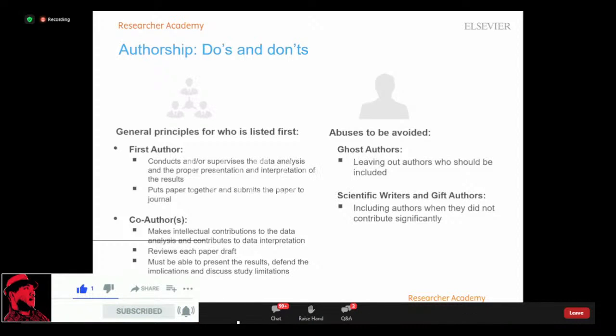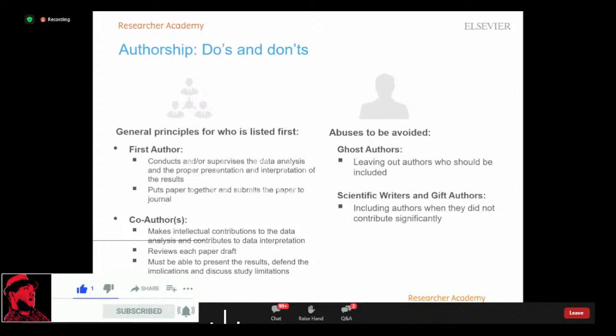On this slide, we have some of the principles for who is listed first. The first author is the one that conducts or supervises the data analysis and the proper presentation and interpretation of the results. It's the one that puts the paper together and submits. Co-authors are people that make intellectual contributions to the data analysis and interpretation.